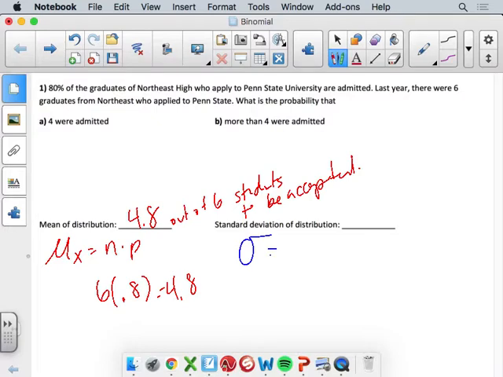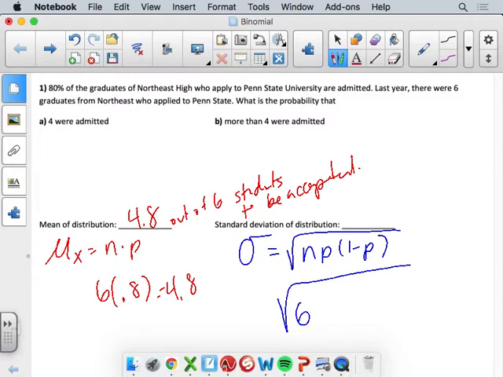And then standard deviation on the formula chart says square root of n p times 1 minus p. This is going to give us our typical distance from the mean. So you do square root of 6 trials times 80% times 20%. 1 minus 80% is 20%.